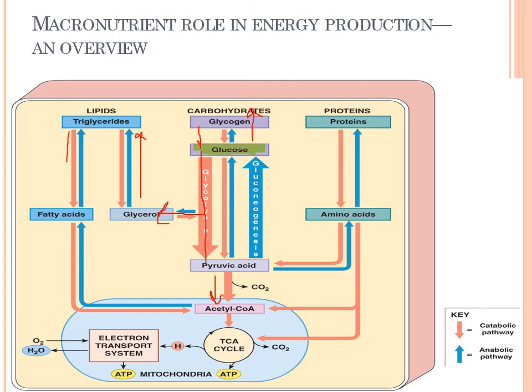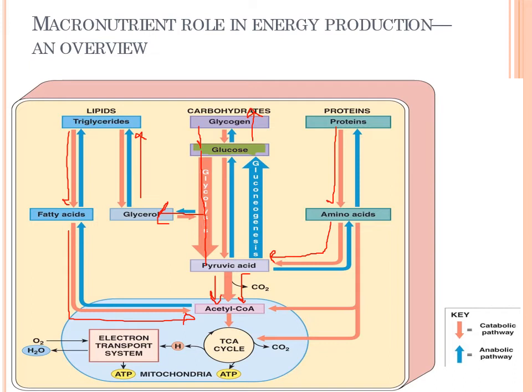Lipids can be broken down into fatty acids, and fatty acids can become acetyl-CoA and enter the Krebs cycle as well. Proteins can be broken down into amino acids, and amino acids can create pyruvic acid and therefore become acetyl-CoA and enter the citric acid cycle.